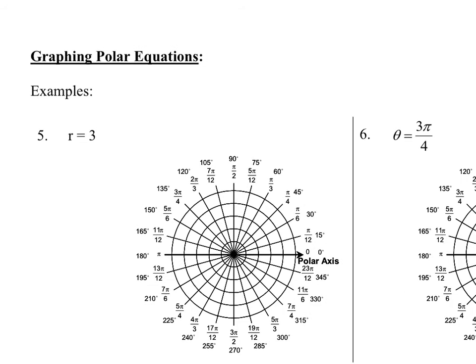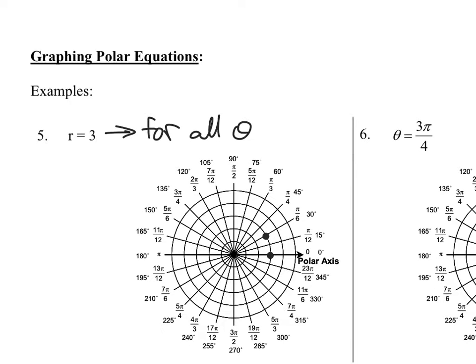So here we're saying that the radius is 3 regardless of what theta is. If theta is 0 degrees, it's still going to be an R value of 3. If theta is 30 degrees, it's still going to be an R value of 3.